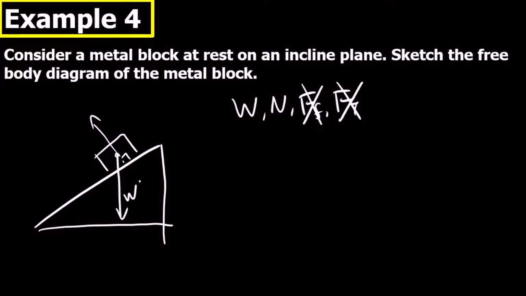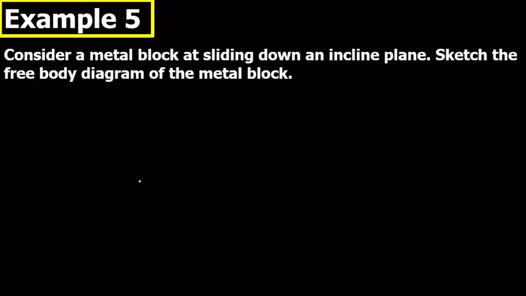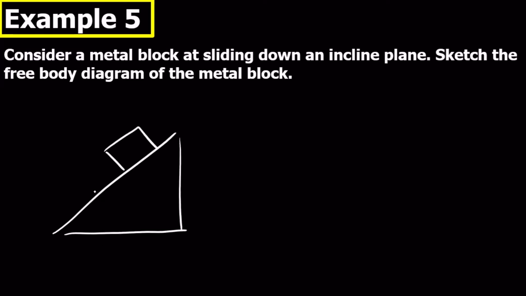There's a little bit of progression in the next example, where the metal block is sliding down the inclined plane. Let's draw the inclined plane again. This time the metal block is sliding down in that direction. Sketch the free body diagram. Again, we always start with a dot. We'll have W, N, Ff, Ft. There are no strings or cables, so we won't have tensional force.